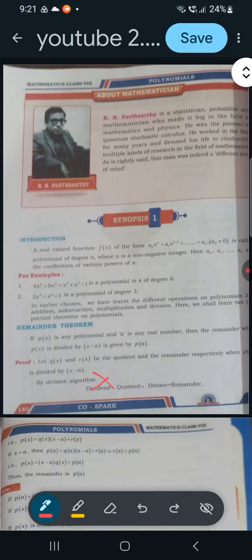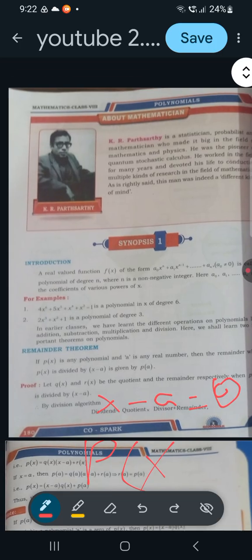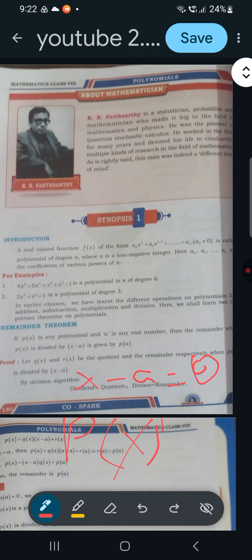If x minus a is equal to 0 and p of x is divided by x minus a, you could see here x is equal to a.